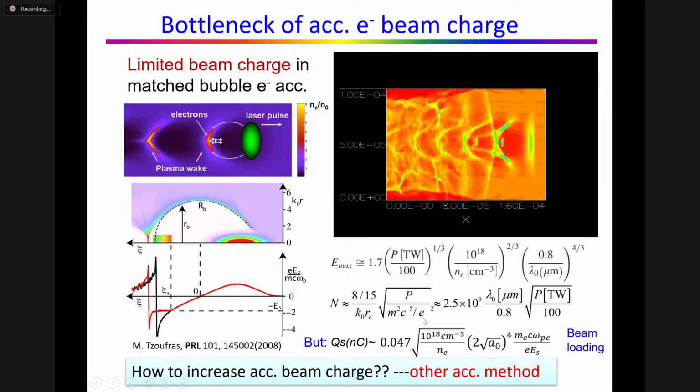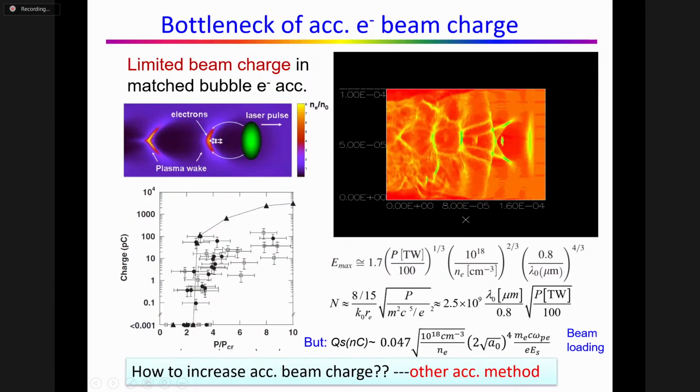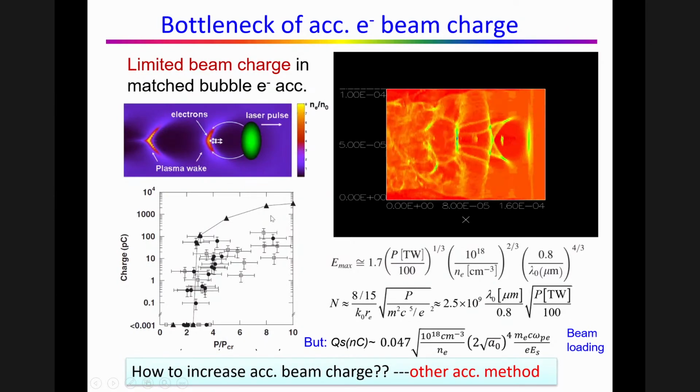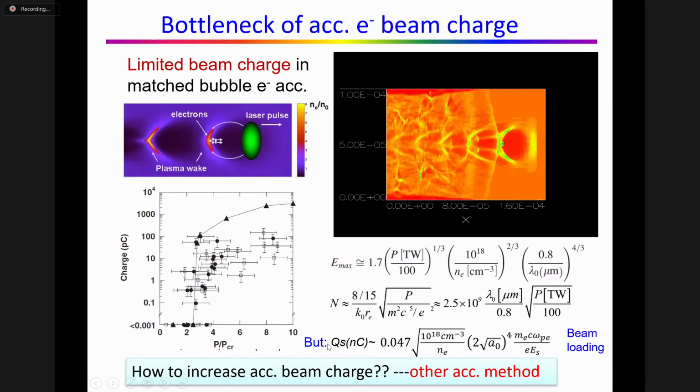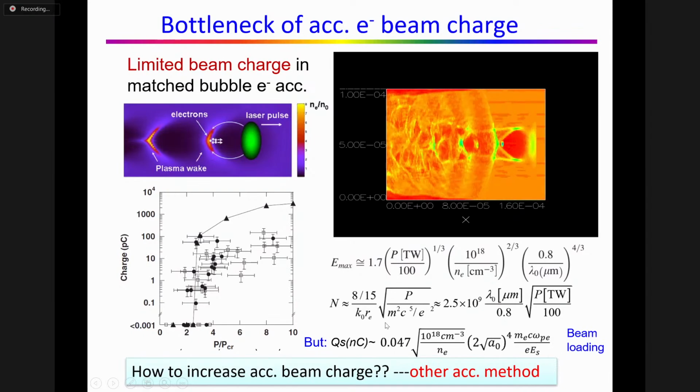It's a matched condition. So experimentally, our experiment shows an electron charge is really limited below, for example, several hundred picocoulomb. So that's much lower than the beam loading effects.